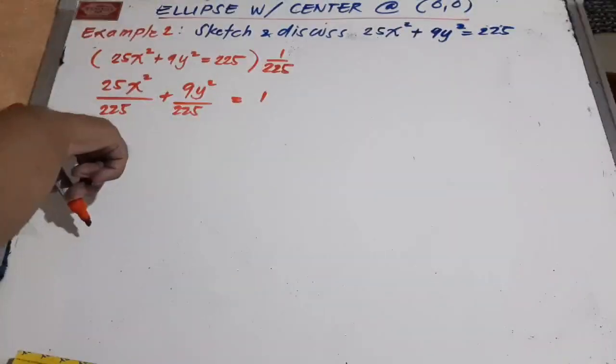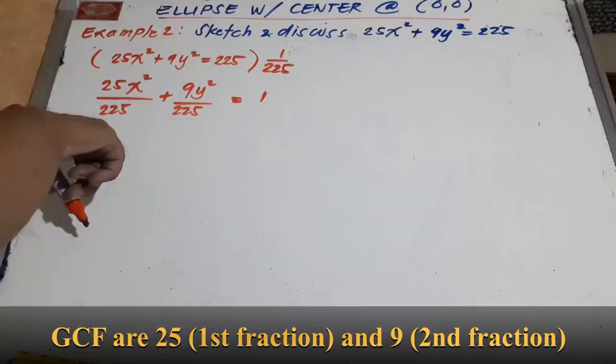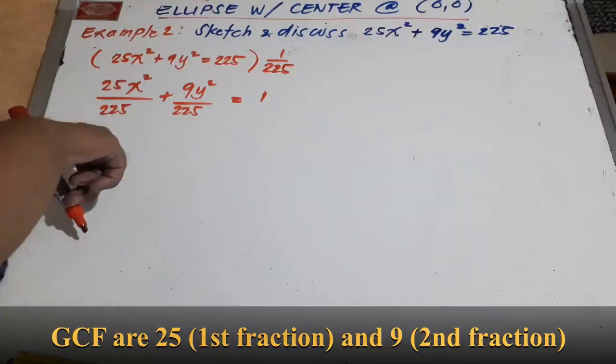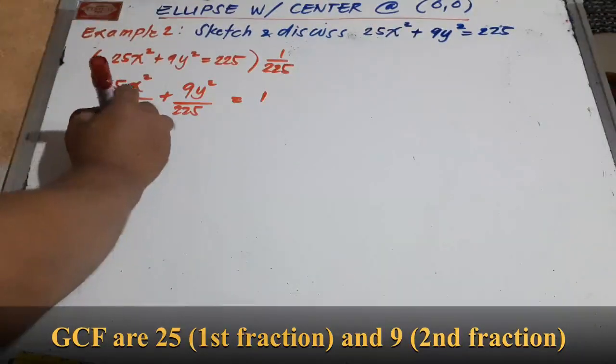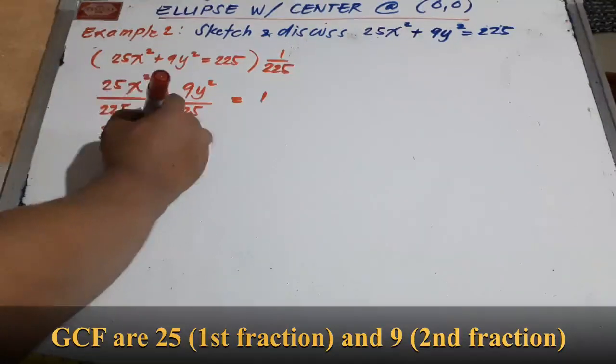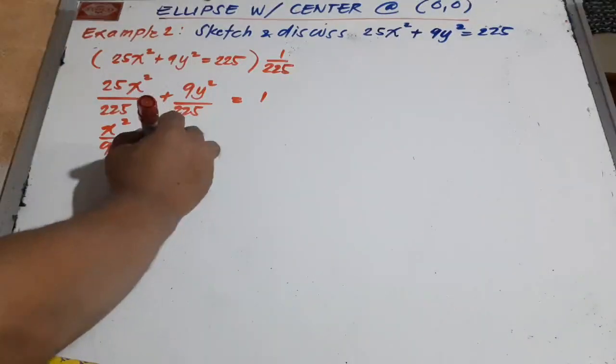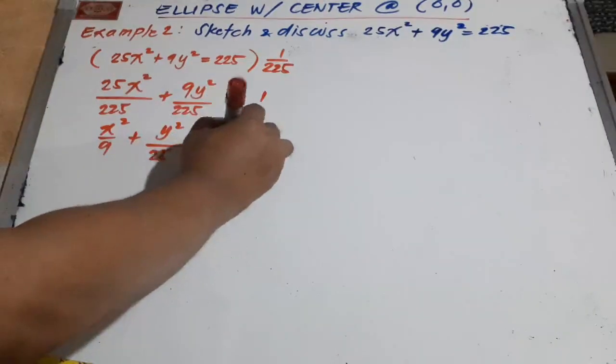Then we simplify. We have 25x squared divided by 225 is equivalent to 9. Okay, so this is equal to x squared over 9 plus y squared over 25, because 9 divided by 9 is 1 and 225 divided by 9 is 25, equals 1.